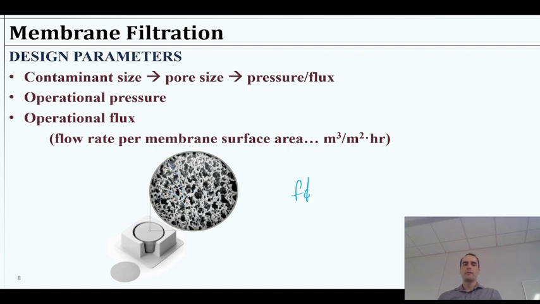Flux is a flow rate through an area, so you could look at it as cubic meters per second per square meter, or meters per second. The same ways of thinking about the granular filters that we considered apply here, but we're going to go a little further in defining specifically how that interfaces with the membrane characteristics.